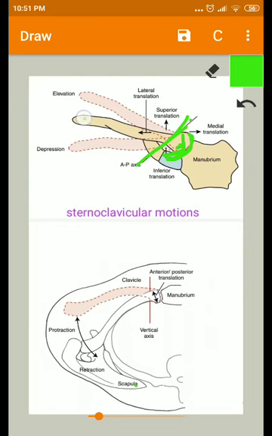For example, when the lateral end is moving upwards, the medial end will slide inferiorly, or when the lateral end is moving downwards, the medial end slides upwards.